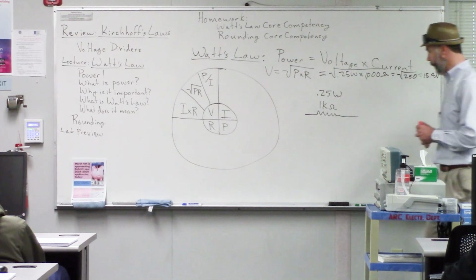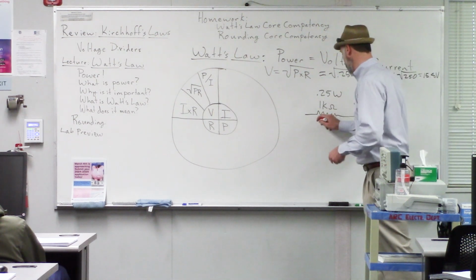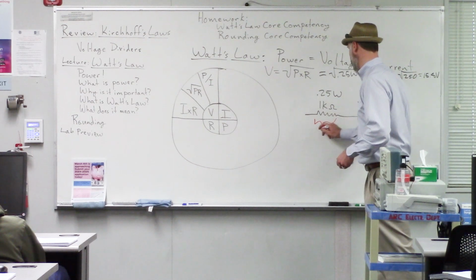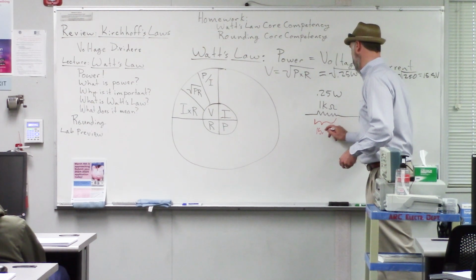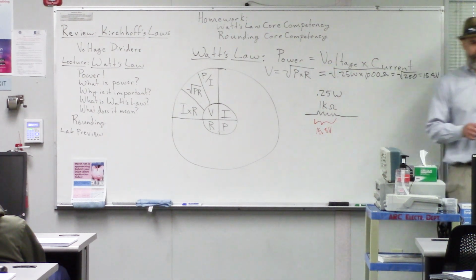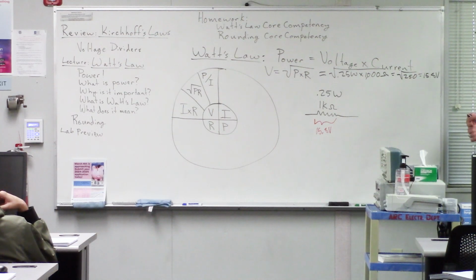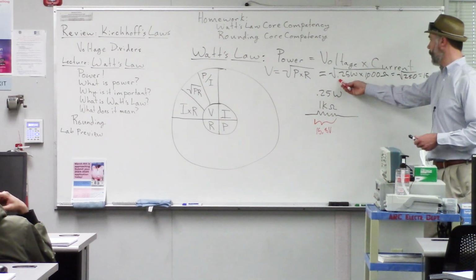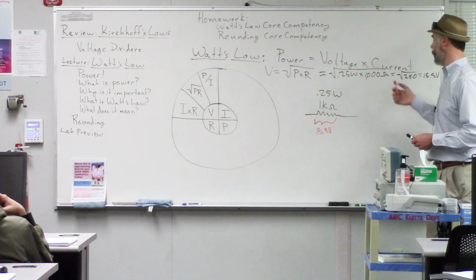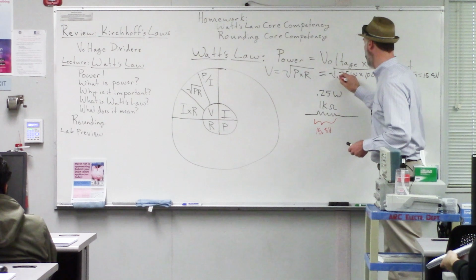We would want a maximum of 15.8 volts across this resistor. If we put more than 15.8 volts across that, then it would start to heat up. Okay. How is that 250? It's 0.25 times 1,000. Yeah, they're quarter watt resistors, so 0.25 watts.